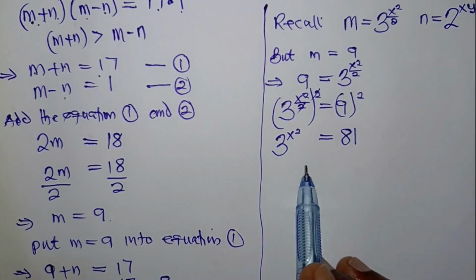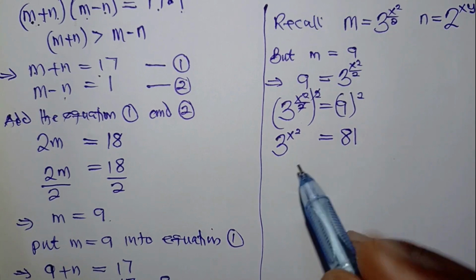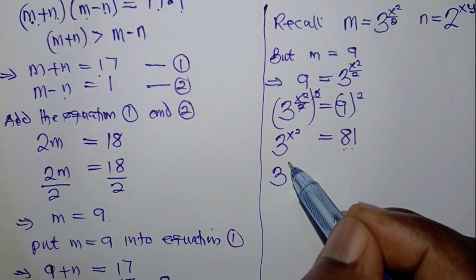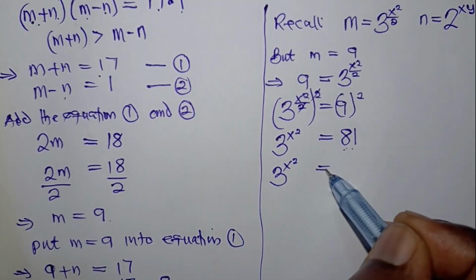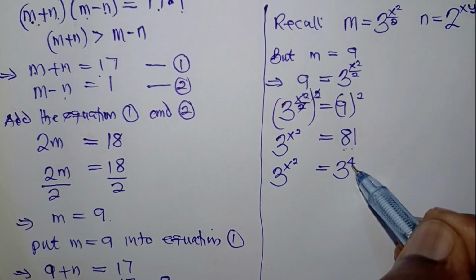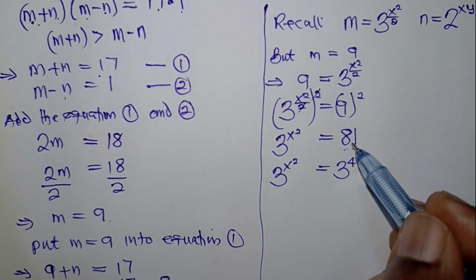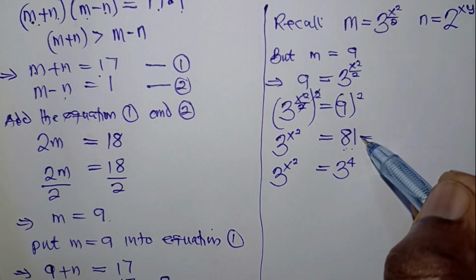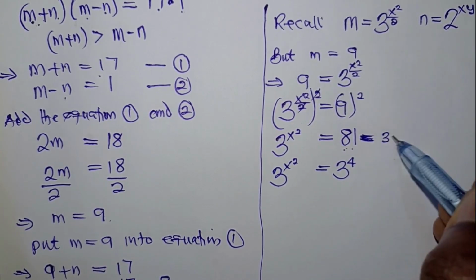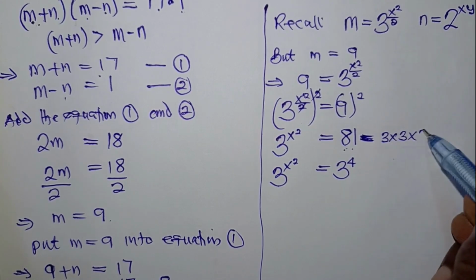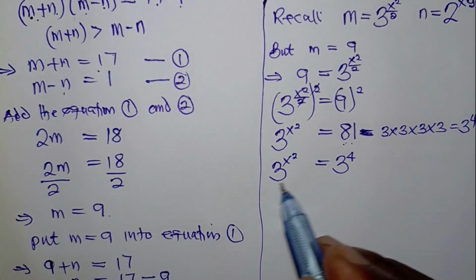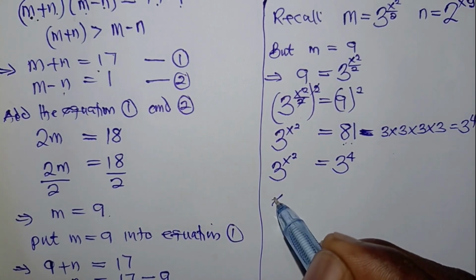To solve for x squared, we need to write 81 to the base of 3. Remember, 81 is the same as 3 times 3 times 3 times 3, and that gives us 3 to the power 4.